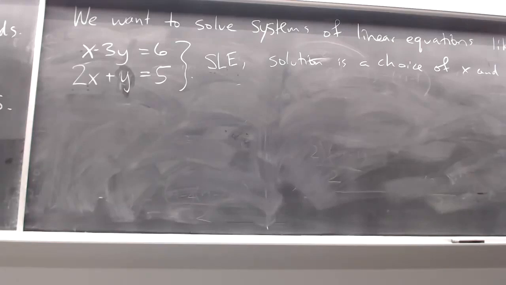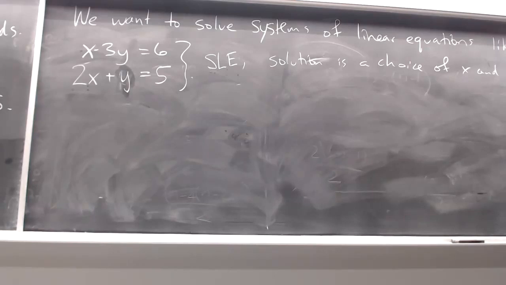Okay. So as long as I plotted these correctly, this is the unique point where they meet, right? So this is the point (3, -1). So this line is the solutions to the first equation, this line is all the solutions to the second equation.